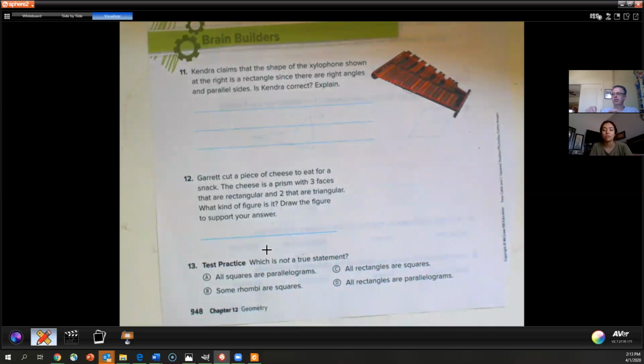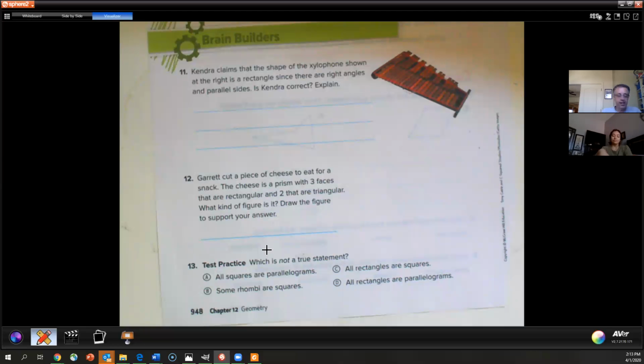And that's part of it. Draw the figure to support your answer. So once you identify what the figure is, go ahead and draw it as well. Or you can swap them to where if it'll help you draw it first and then identify it. Just make sure you are using a complete sentence as well as being aware of your spelling.